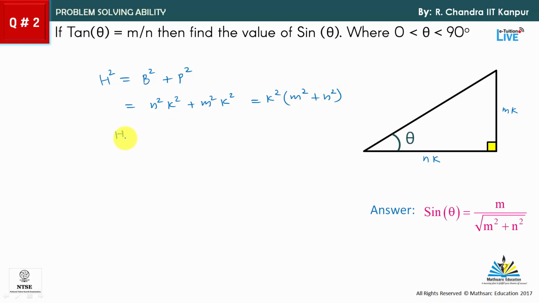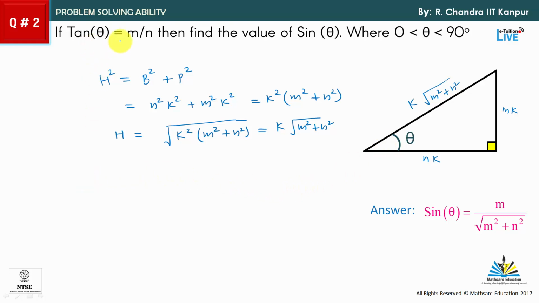So the hypotenuse must be under root of k square times m square plus n square. If you take k square outside, then this becomes k times under root m square plus n square. So the hypotenuse is k times under root m square plus n square.